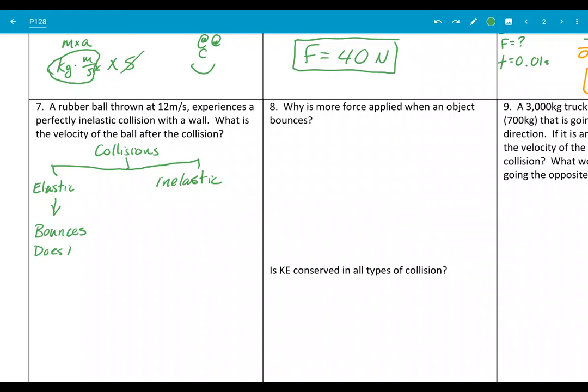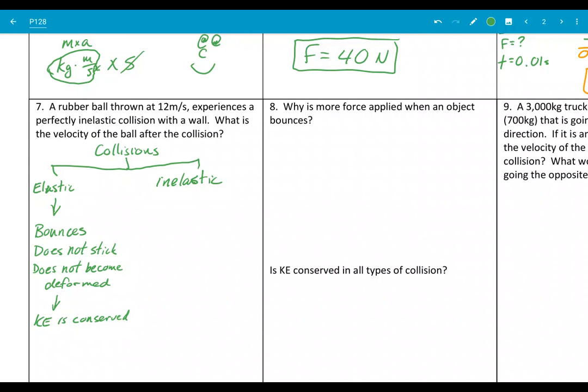It does not stick. It does not become deformed. It just bounces right off. Okay? And one other thing, kinetic energy is conserved. Okay, that's in an elastic collision when things bounce.